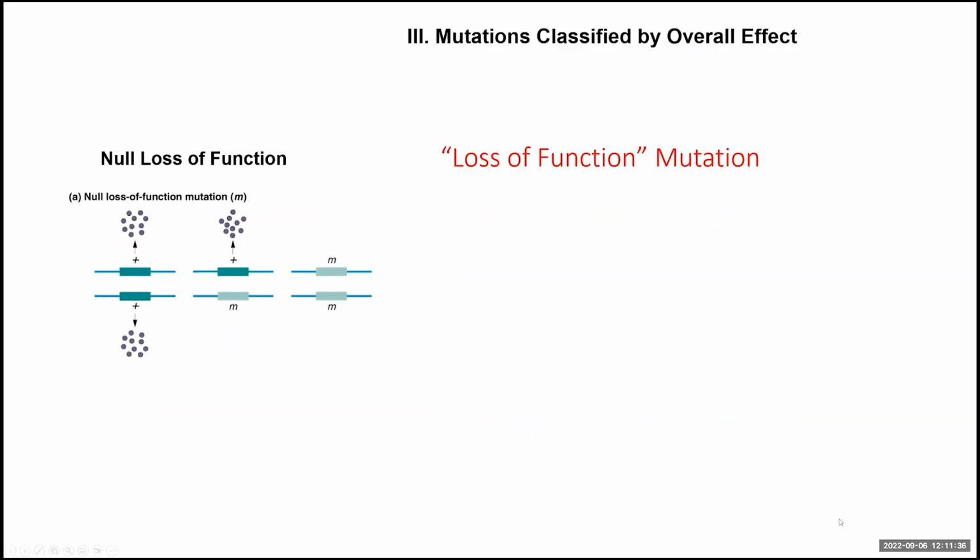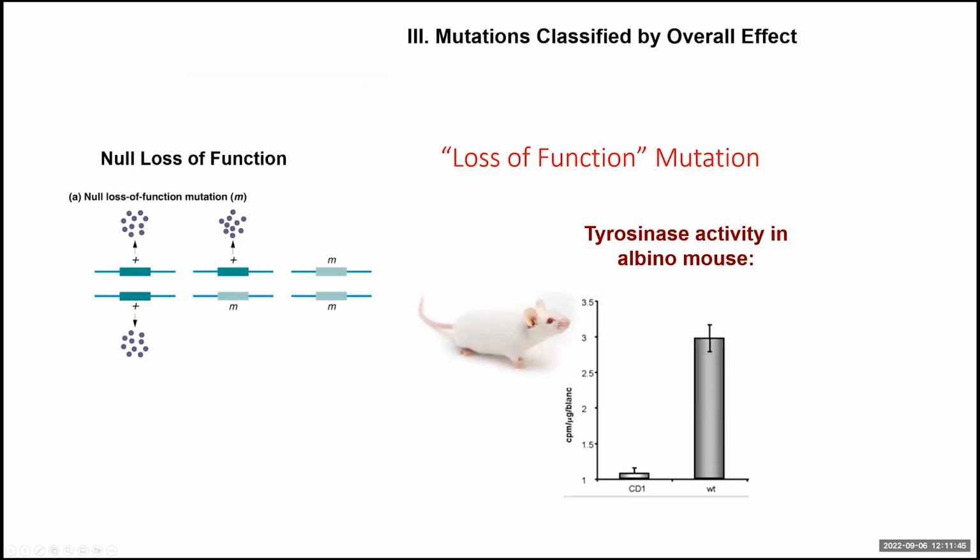So here's an example of a loss of function mutation. This results in things like albinism. So for example, in order for a mouse to have color, it needs to have tyrosinase activity. When tyrosinase is present, the mouse is able to process its color and put that color into its fur.